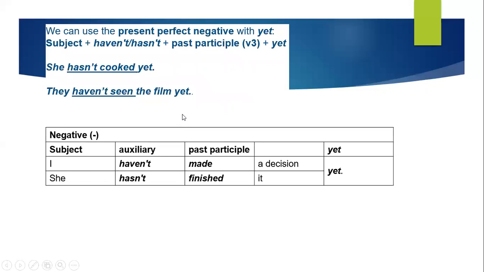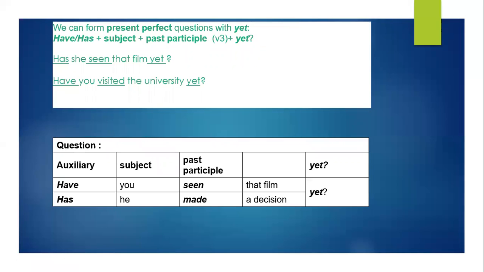Okay. Now let's move to the question part, the last part. Also we can use yet for a question. So we have two uses for yet. Yet in a negative sentence comes at the end of the sentence, and also in a question at the end of the question. Look here. Has she seen that film yet?